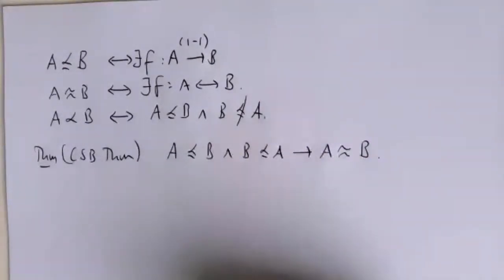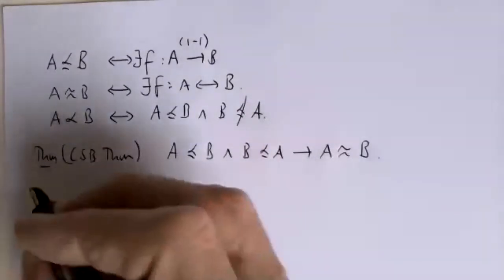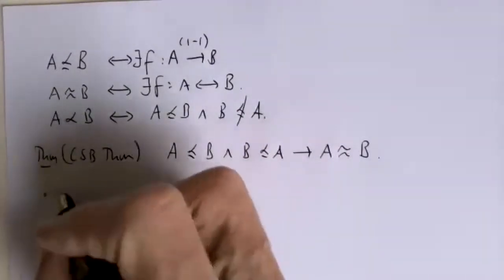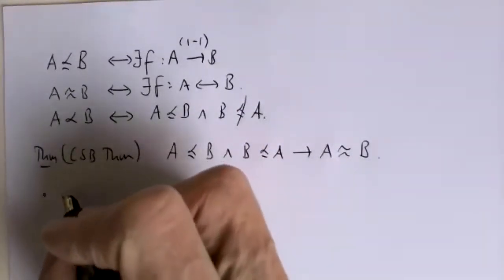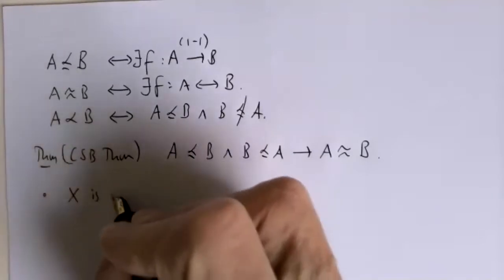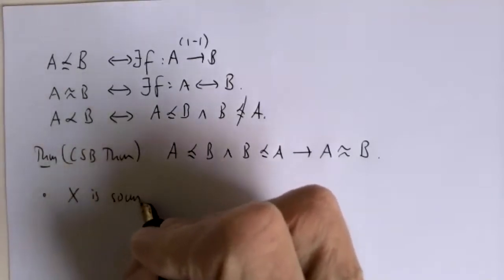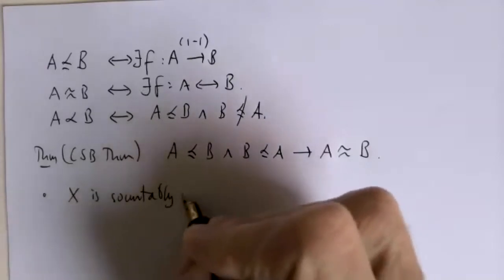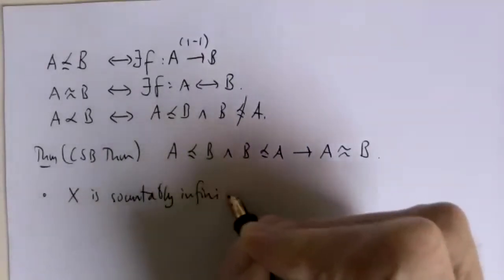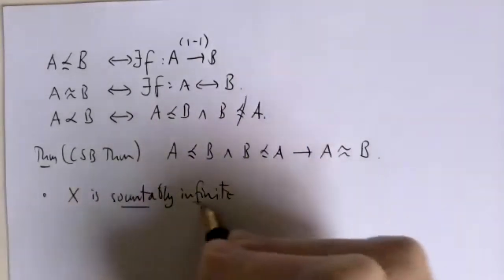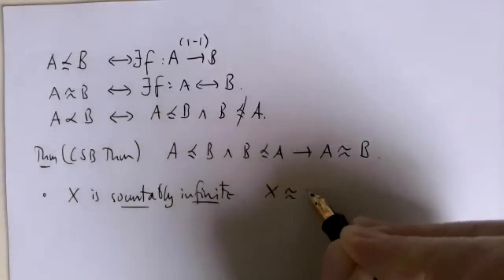And then we defined that a set X is countably infinite if X is bijective with omega.